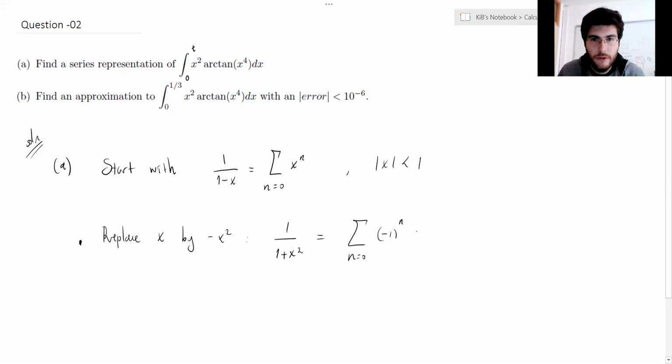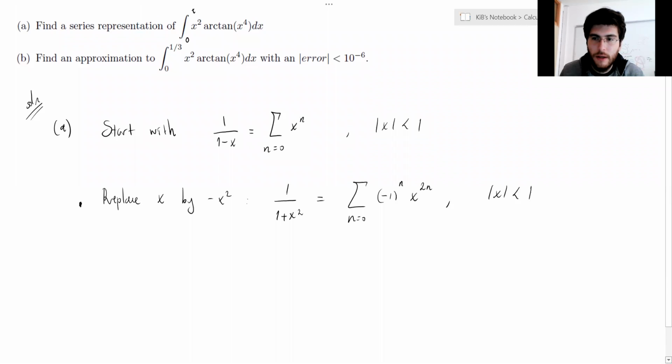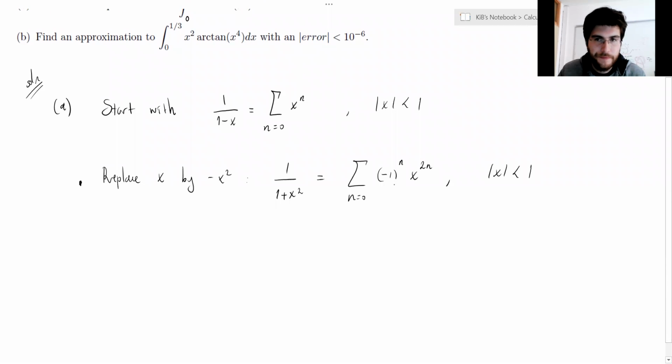We have a new expression here, and x to the 2n. If you just replace x by minus x squared, we have the same kind of interval of convergence.